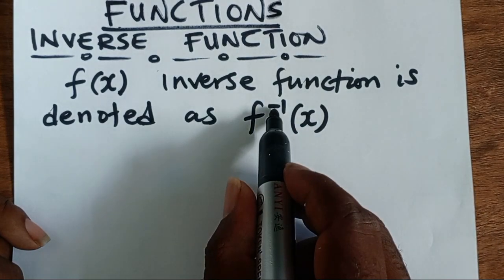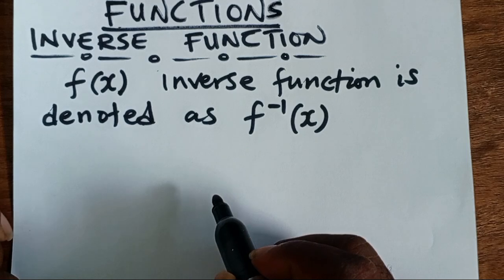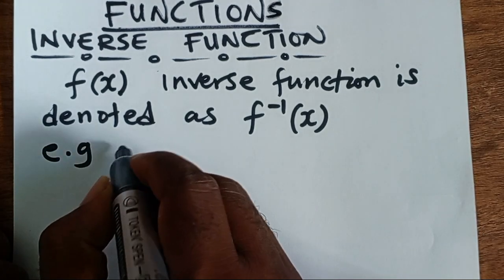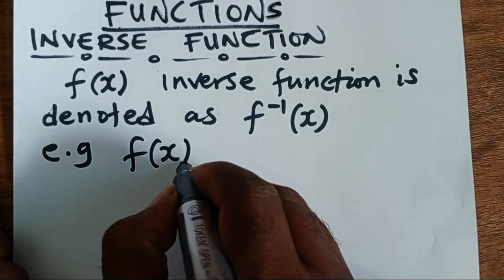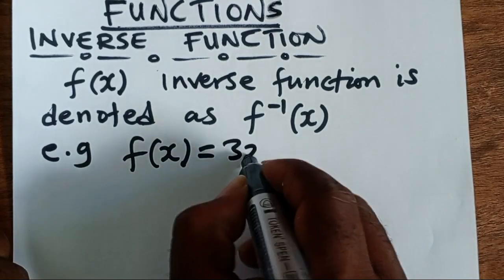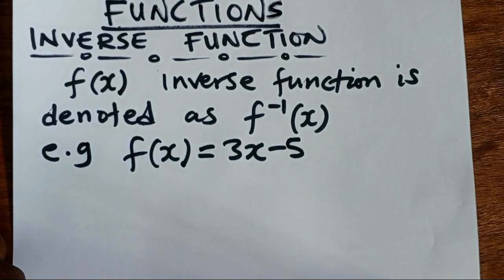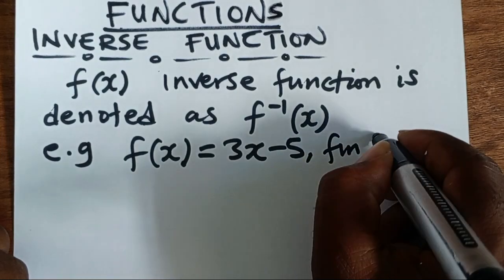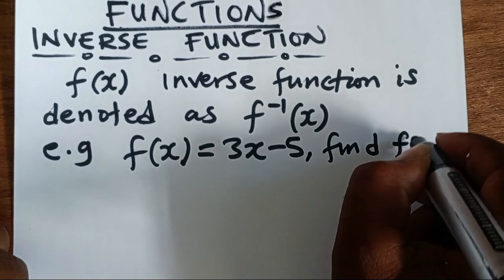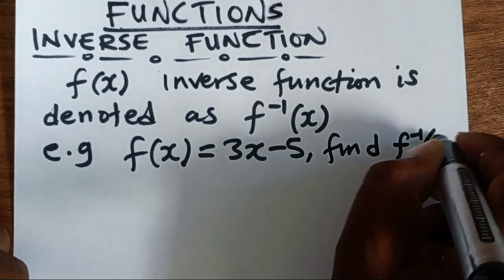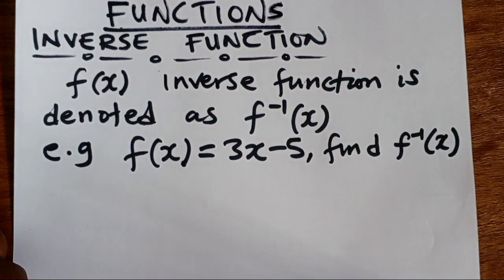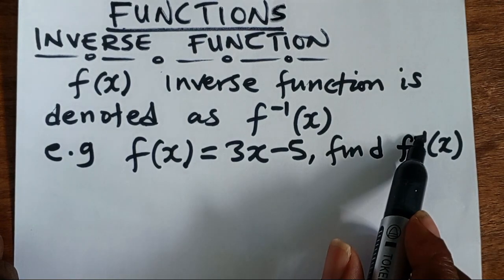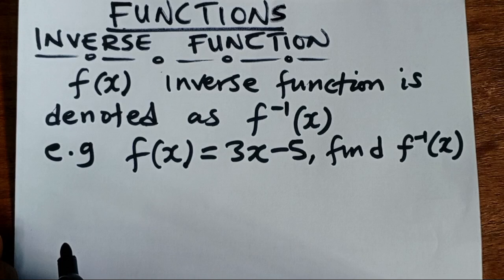So this is the symbol for the inverse function. For example, you have f of x equals 3x minus 5. Find f inverse of x.